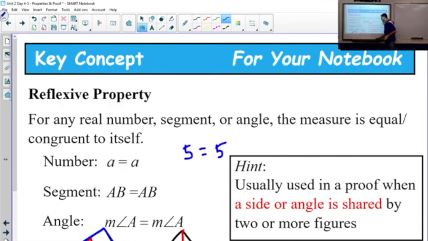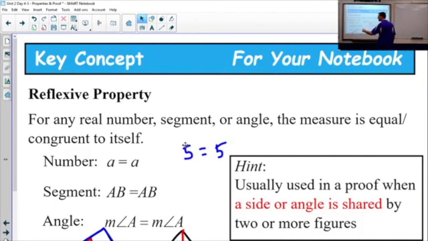Very simple idea. If I have a segment A to B, then it's equal to itself, its own segment A to B. And you might think, well, why are we going to use this? Well, because there are times where we're talking about the exact same segment or the exact same angle or the exact same thing in a diagram in two different ways.